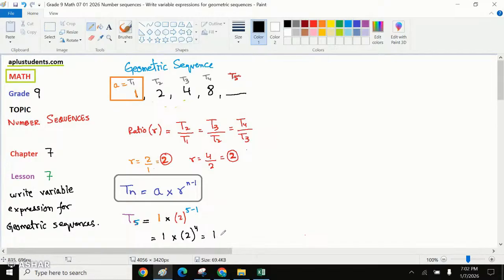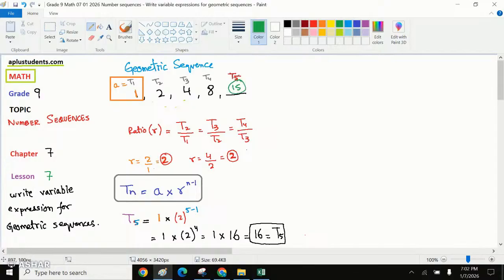We know that 2 to the power 1 is 2, 2 to the power 2 is 4, 2 cubed is 8, and 2 to the power 4 would be 16. That means 16 is the answer for term number 5. We can find any missing term using this method.